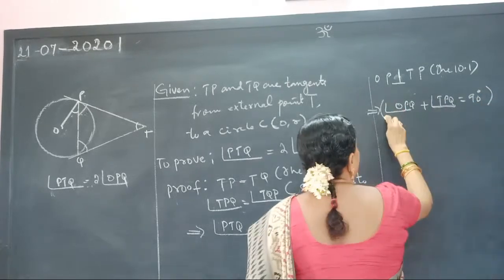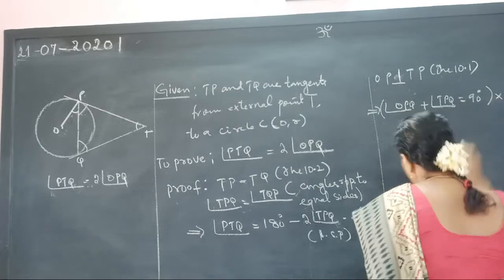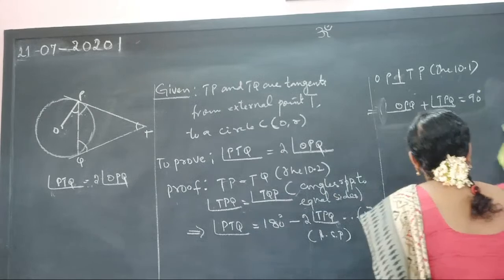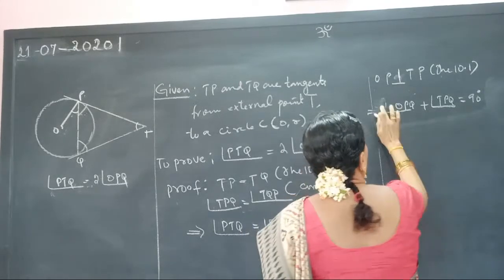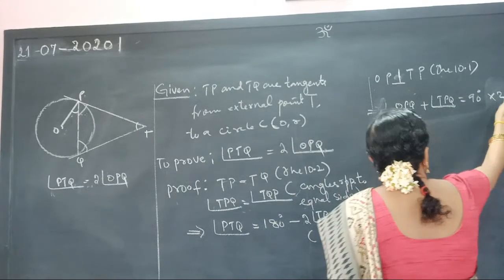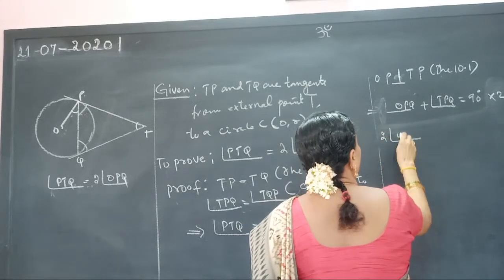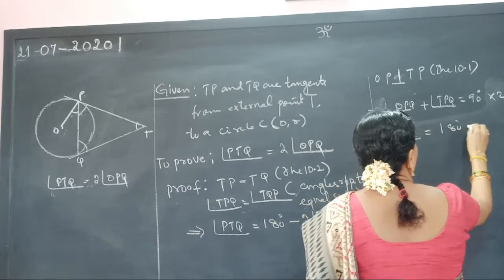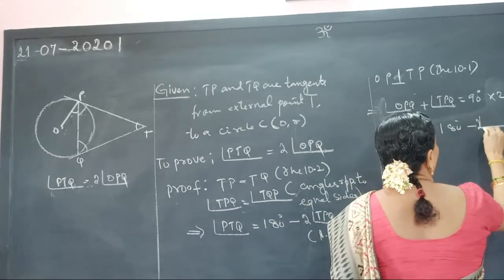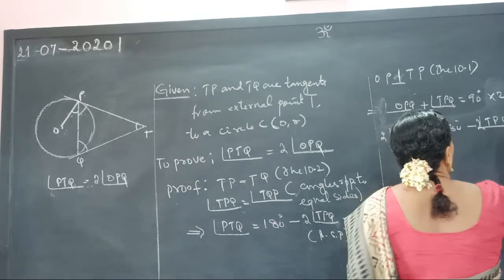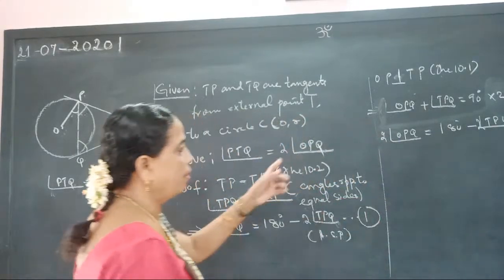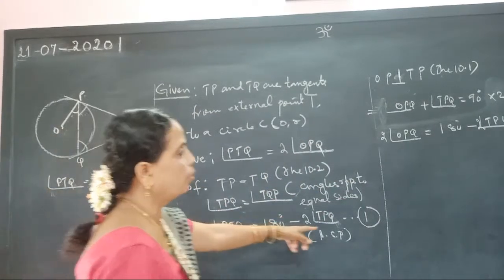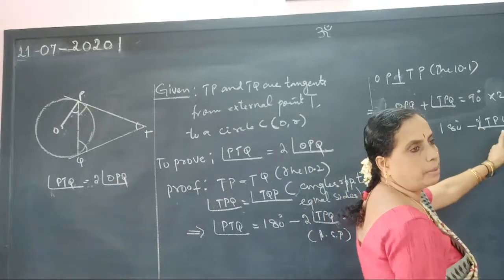So to get the result, multiplying by 2, 2 of angle OPQ equals 180 degrees minus 2 of angle TPQ. I transposed after multiplying to get the result: 180 minus 2 of TPQ.